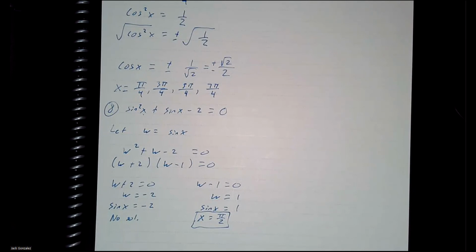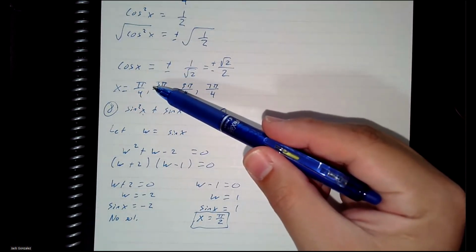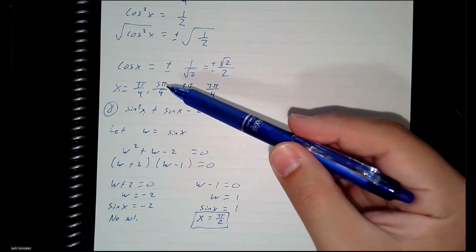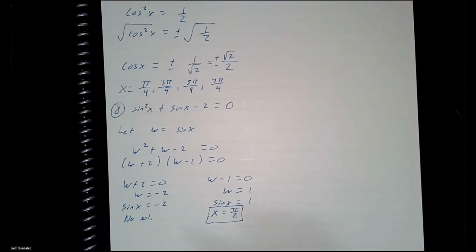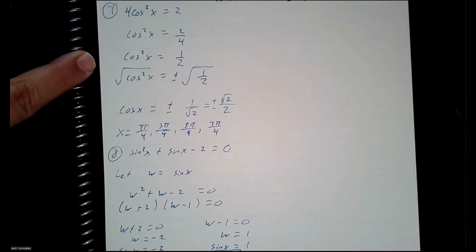9 and 10 is just the same thing, but find all solutions. So all you have to do is tack on the 2 pi k. So for number 9, it's the same question as 7, right? Just take each part.